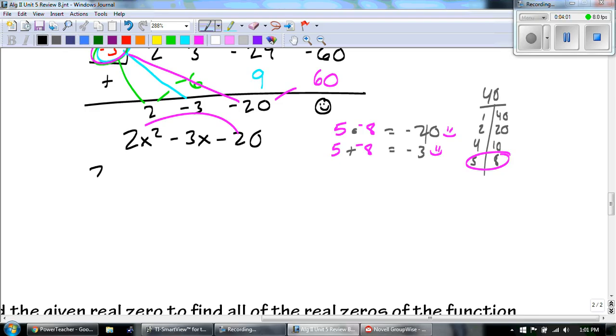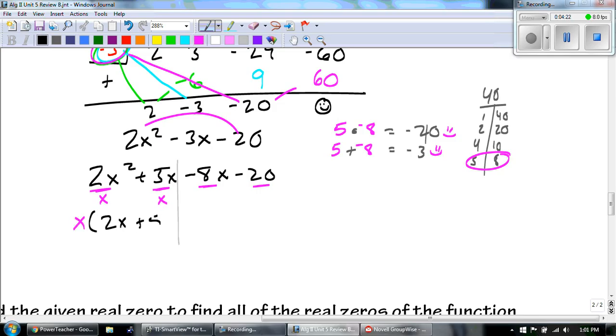Now, the only sad news is I can't do the shortcut. So we have plus 5x minus 8x minus 20. And then we take out the GCF. The GCF of the first group is just an x, so I'm left with 2x plus 5.